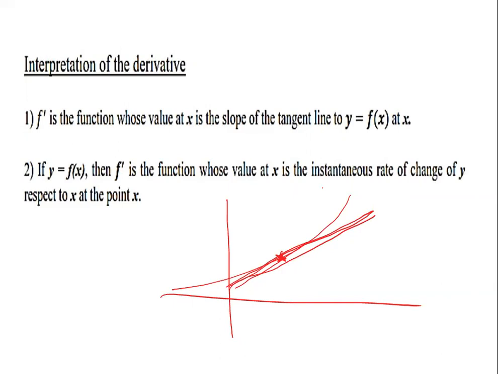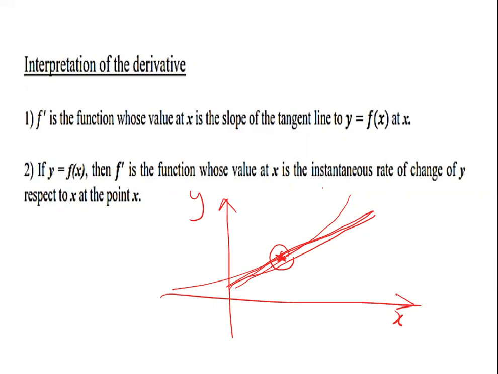In other words, the gradient here is how y is changing with respect to x at that point. And this is a very useful interpretation, especially when you're going to look at how two quantities change in various areas in science. And we're going to look at many examples later on in the course.